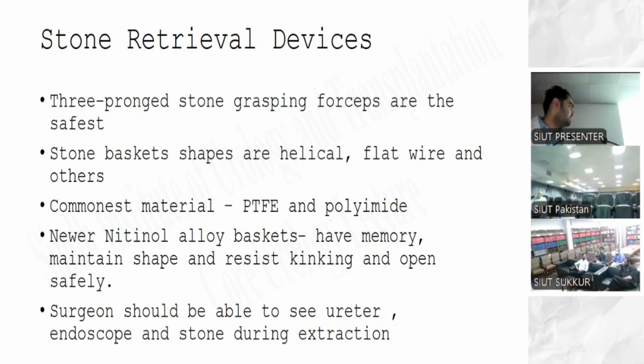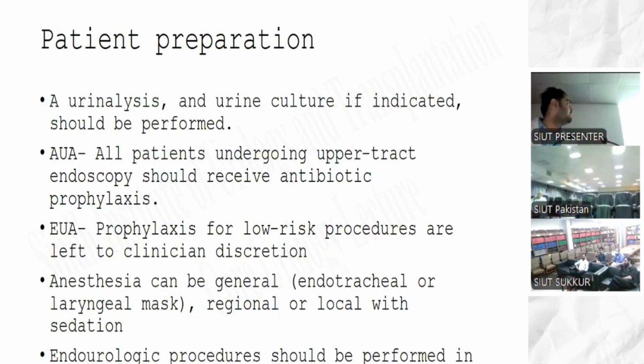The surgeon should be able to see the ureteroscope and the stone during extraction. Regarding patient preparation, there are the AUA guidelines and EAU guidelines. Regarding AUA guidelines, for operative endoscopy every patient should receive antibiotic prophylaxis, irrespective of a positive culture.